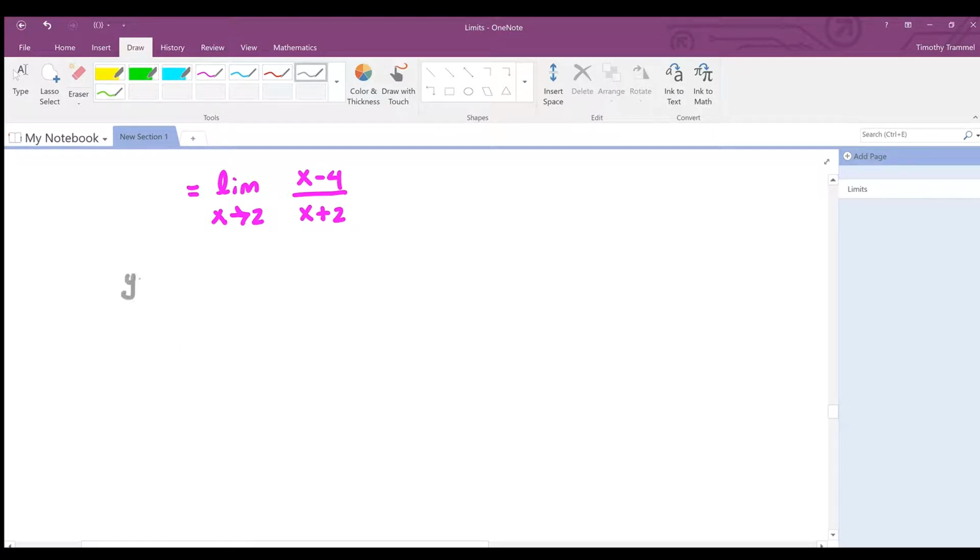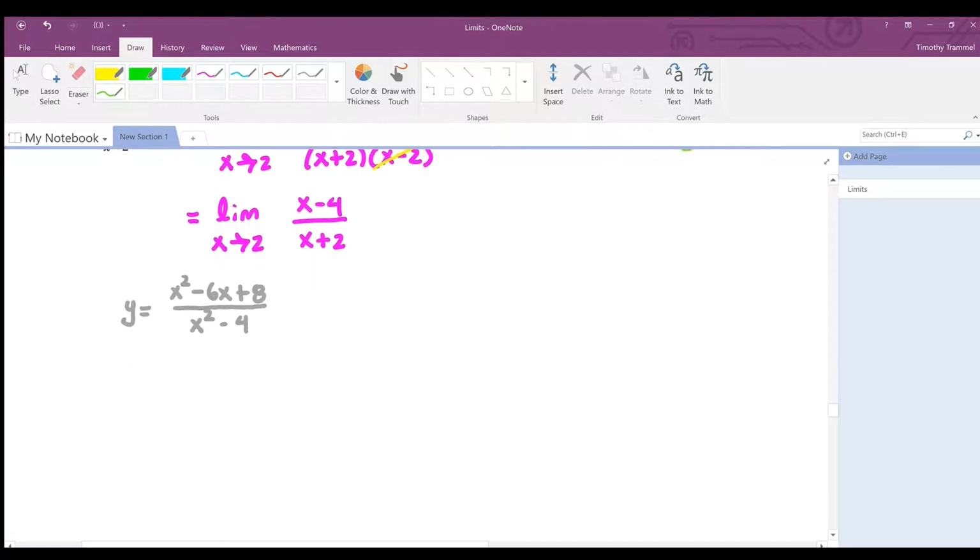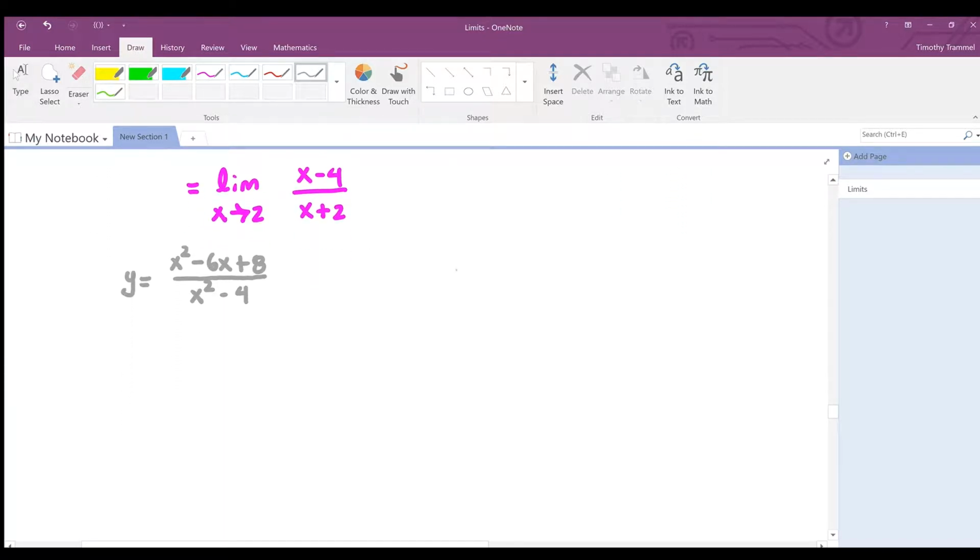We have y equals x squared minus 6x plus 8 all over x squared minus 4. Let me make sure that's right. Yeah, looks good. And then the other one we had was y equals x minus 4 all over x plus 2. And let's sketch in our axes.